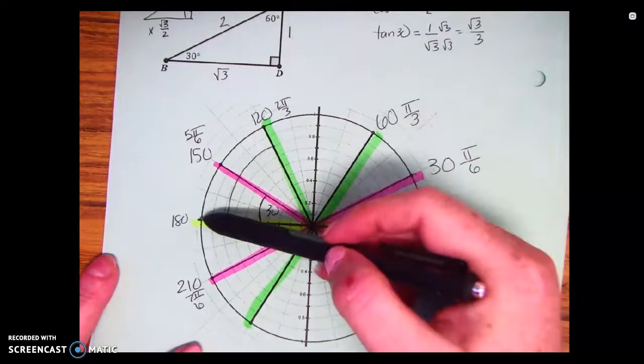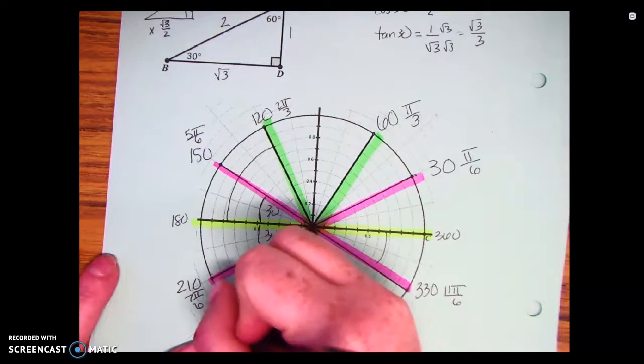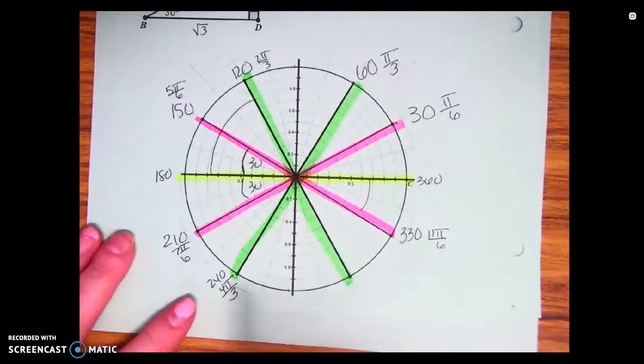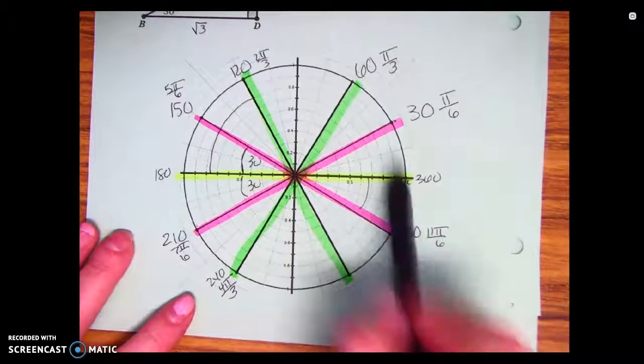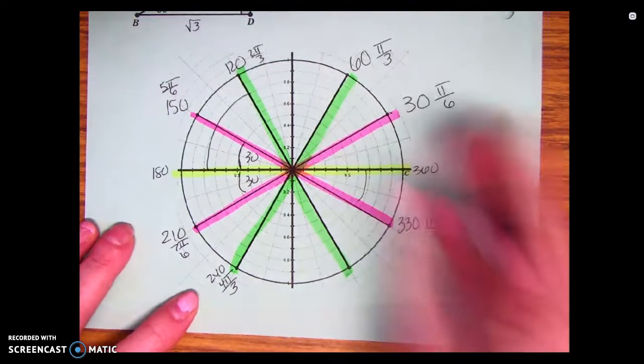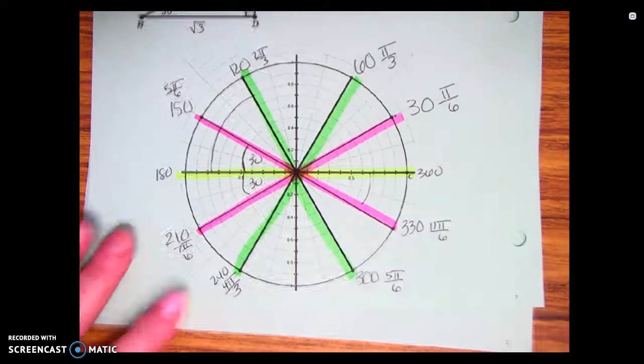That's 3 60s, that's 4 60s, so that's 240, or 4 pi over 3, 4 60-degree angles. 5 60-degree angles, or 300 degrees.